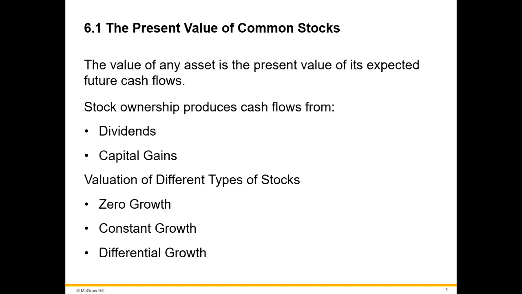Stock ownership does produce two cash flows. The one is dividends, which is the payment to the shareholders from the corporation, and usually they're paying the profits of the corporation. And then capital gains, and that is the amount of money the stockholder will receive above what they originally paid for it.